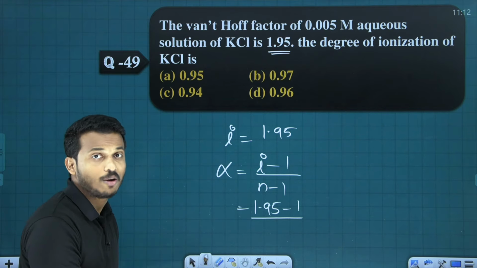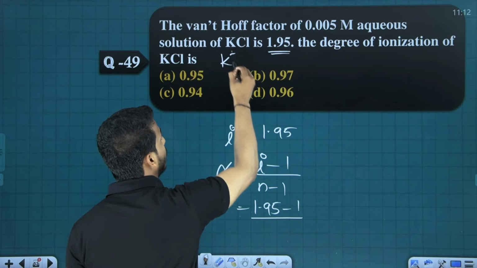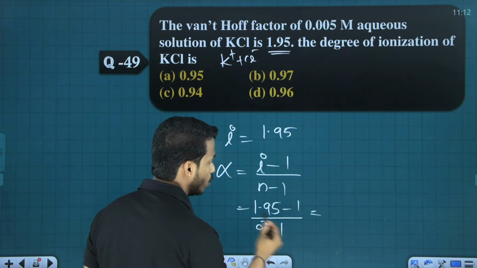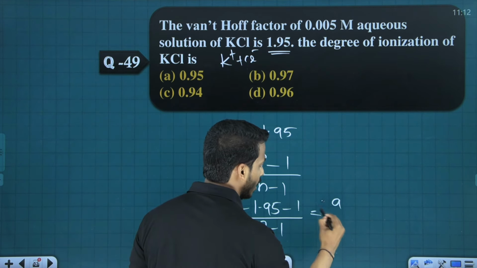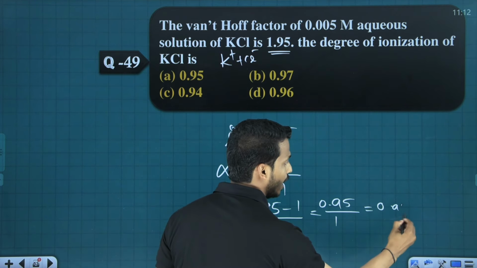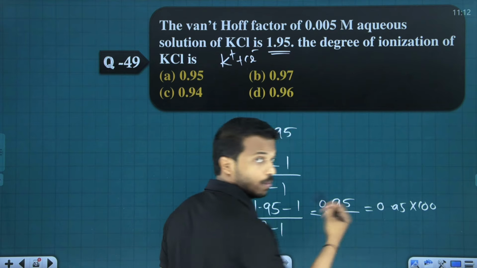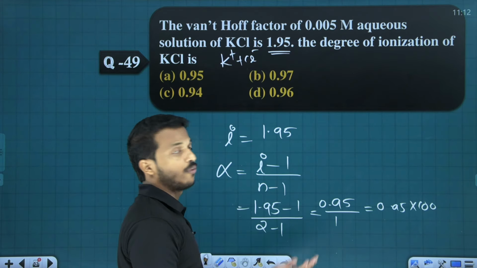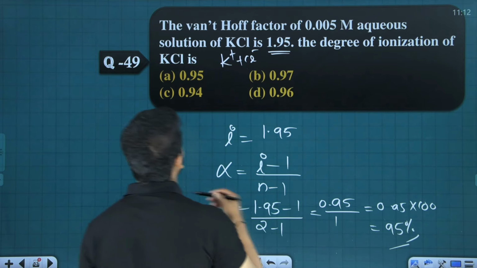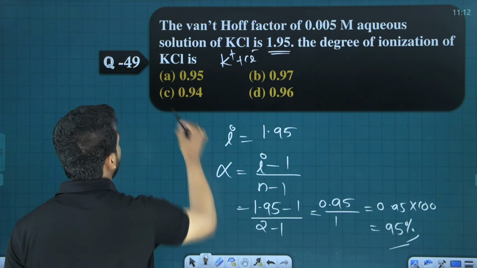How many ions are given by KCl? It will give you K plus and Cl minus, total 2 ions. So 2 minus 1. So 1.95 minus 1 is 0.95. 0.95 divided by 1 is 0.95. For the final answer, you should multiply by 100 because alpha is expressed in percentage. So how much is it? 95%. Okay, that's enough here.